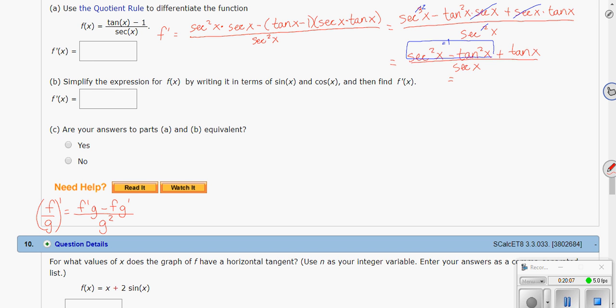This is going to give me 1. Oh my goodness, what just happened? The whole thing shifted. Will it shift back up? Nope. I have no idea what just happened. Okay, so this is going to give me the quantity 1 plus tan x over secant x. That's part A.